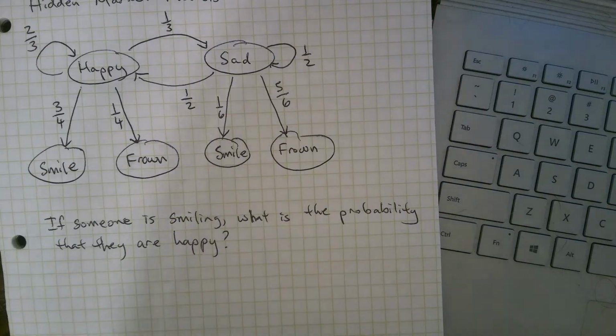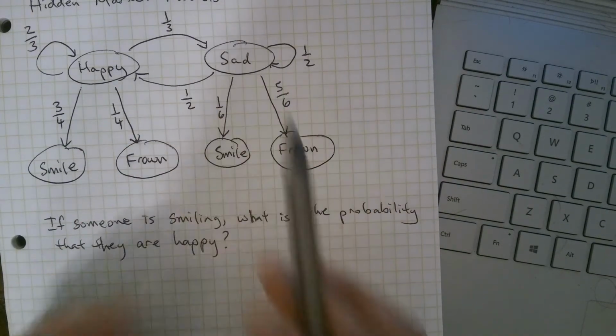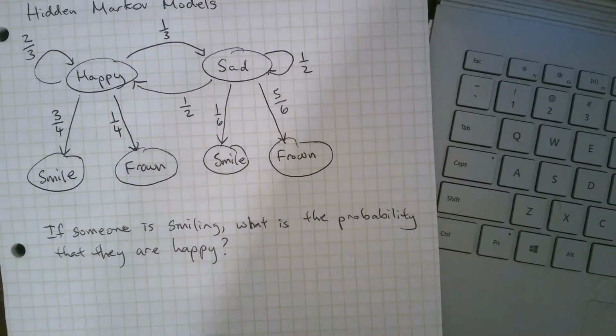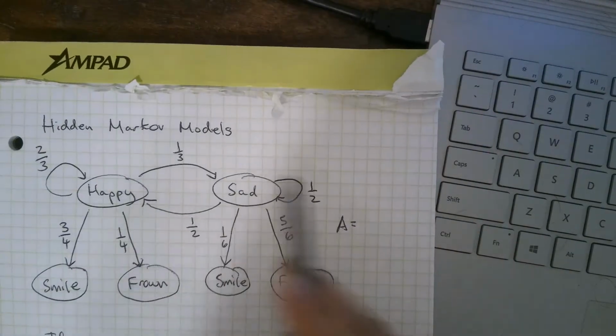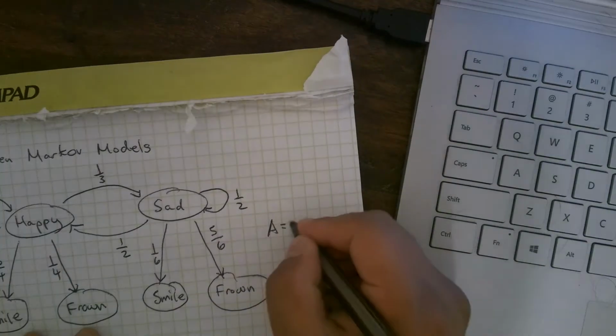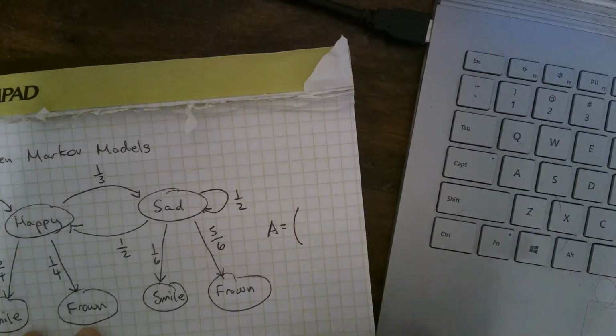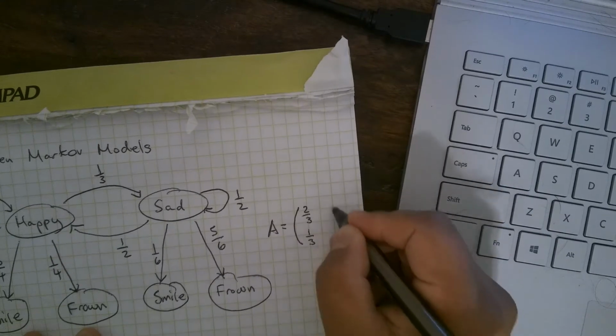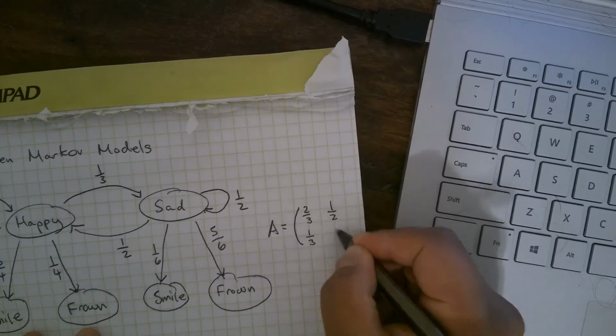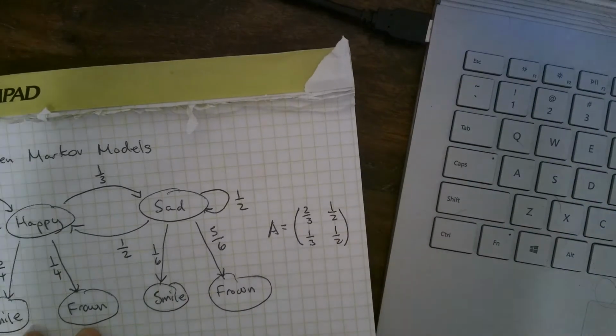Okay, well, let's make a transition matrix for the original Markov chain, which eventually you might not have this information, but for now we do. So we've got happy, we can be happy again with probability 2/3, sad with probability 1/3, and then sad, we're happy with 1/2, and sad with 1/2.